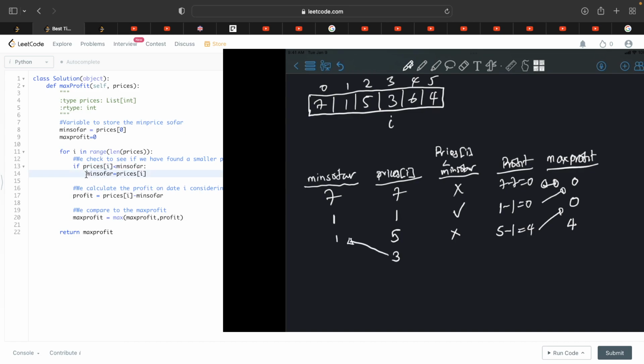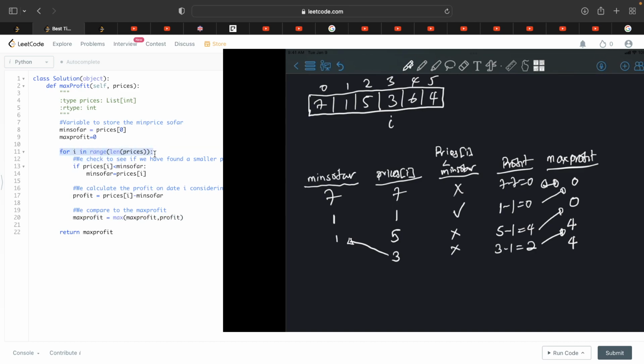So we do not update our min so far. And then we calculate our profit, which will be 3 minus 1, which gives us 2. Then we come down here, we compare our max profit to the current profit, and it remains 4. So we come back to this place in the code.